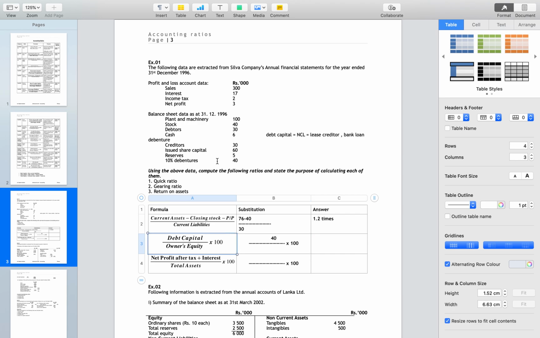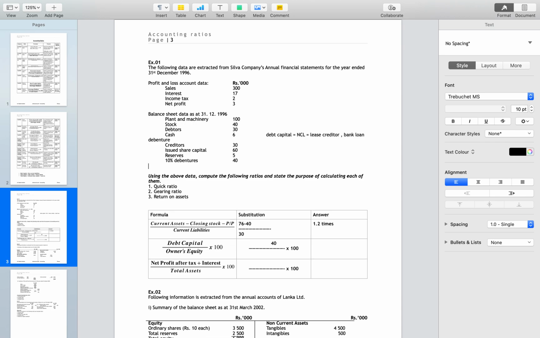Right, owner's equity. Now remember, in advanced level, equity will be equal to three things. One is ordinary shares, plus reserves. Now what do you mean by reserves?